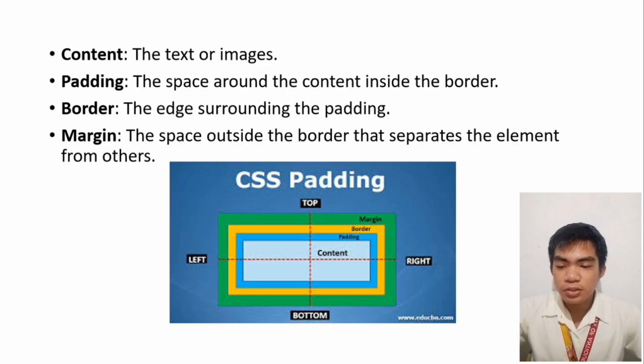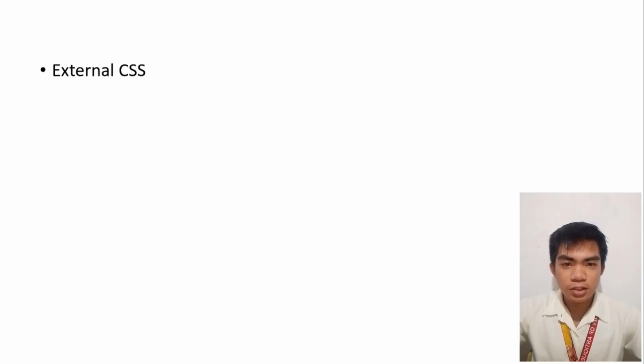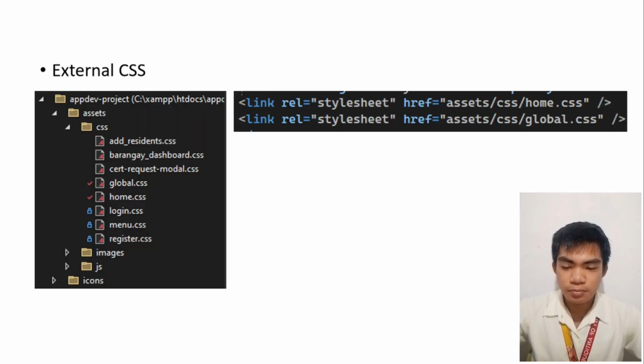Our project utilizes an external style sheet. This is a foundational practice that separates the style from the structure, allowing us to overhaul the entire look of the application by editing a single CSS file without risking the integrity of the HTML skeleton.